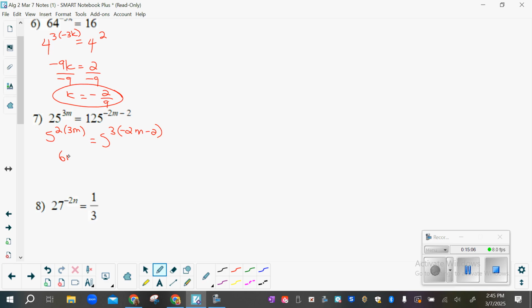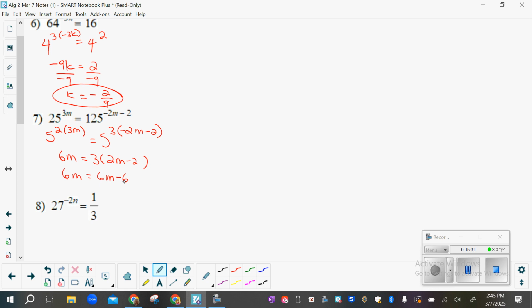Yes, so I'm going to take 6m and set it equal to, if you wanted to multiply this all at once, that's fine. I'm just going to write it out in case someone might be confused. So when I go ahead and distribute it for me here, what do I get? 6m minus 6. Good.